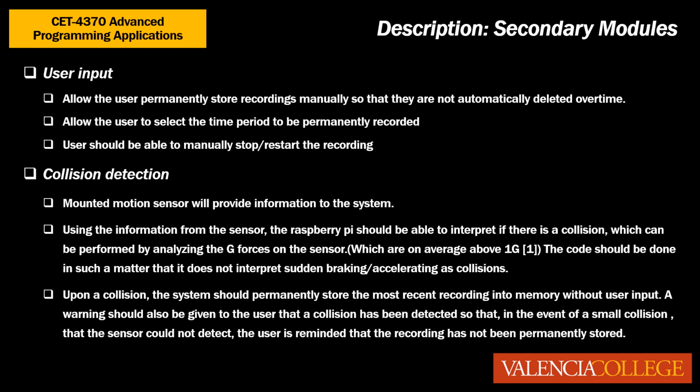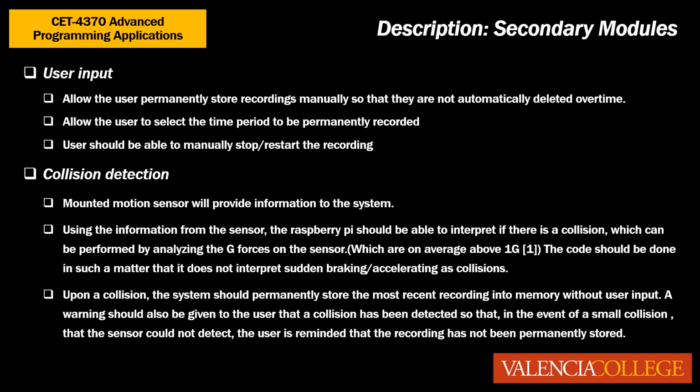There's also a proposed collision detection system, which will be performed by adding a motion sensor into the board itself, which will measure the amount of G forces in a collision so that it can know when a collision has happened and then record data automatically without user input.